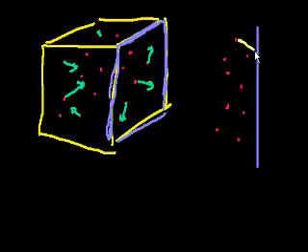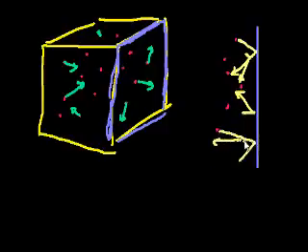Over that period of time, this one might end up here. This one maybe bumped into it right after it ricocheted, came here. This one changes momentum, goes like that. This one might already have been going in that direction. That one might ricochet. But in any given moment, since there are so many molecules, there's always going to be some molecules that are bumping into the side of the wall.